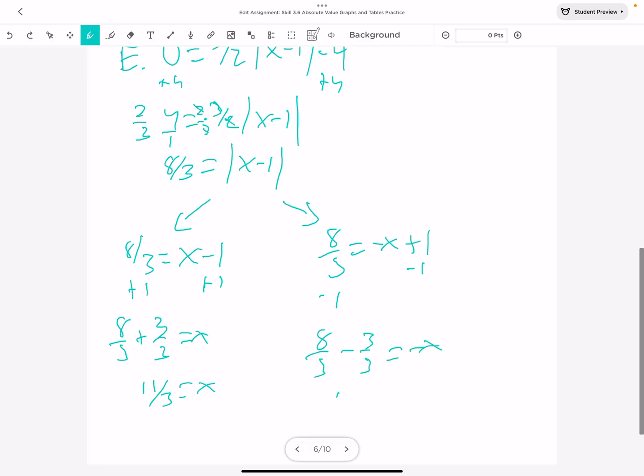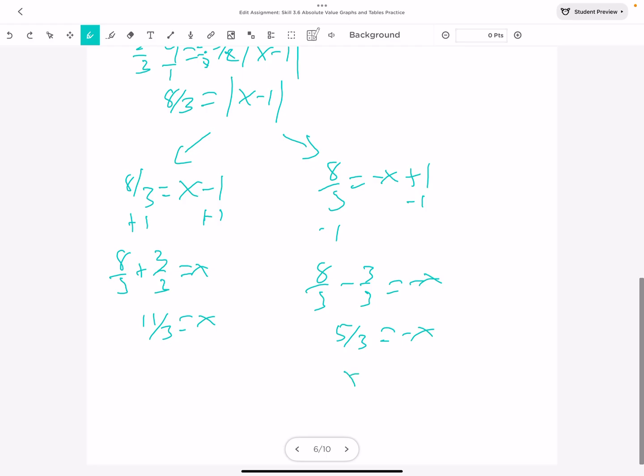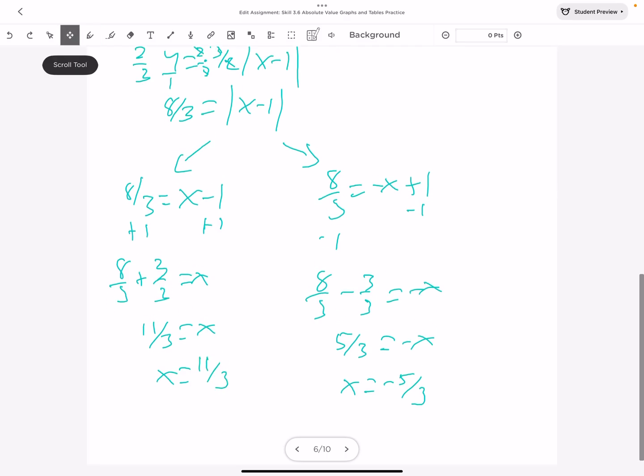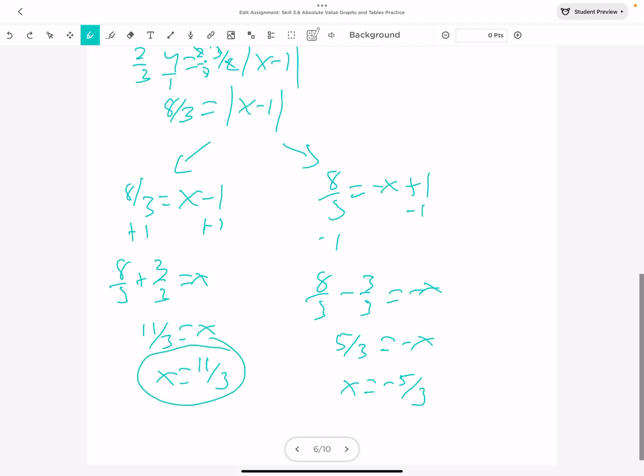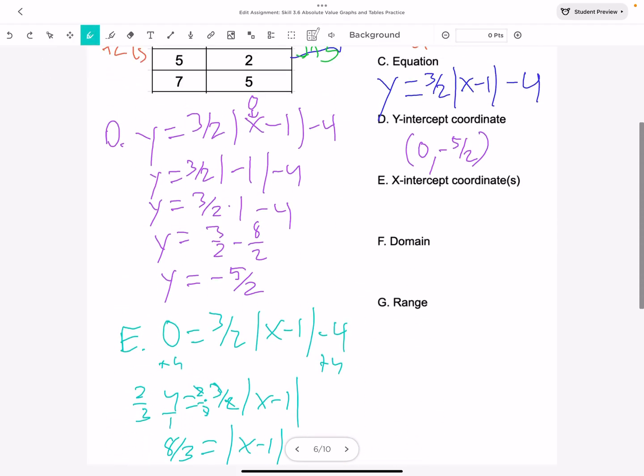And that is 5/3 is equal to -x, which means x is equal to -5/3. And so these are my two values. x is equal to 11/3 or -5/3. So then I would just write that as (11/3, 0) and (-5/3, 0).